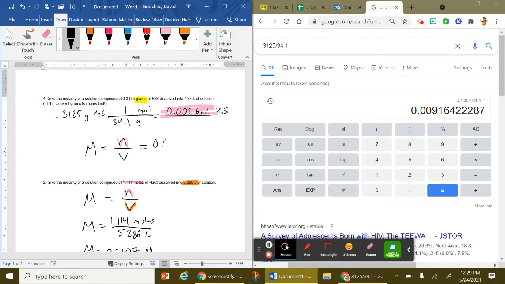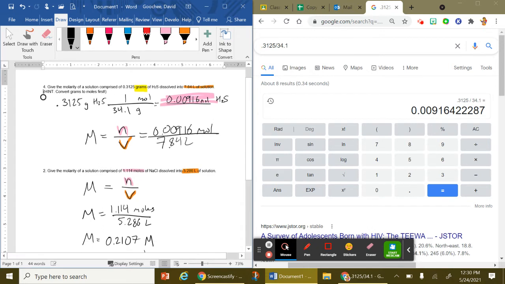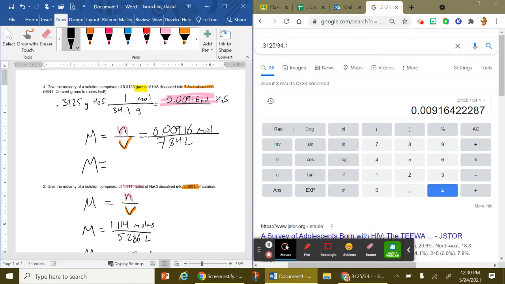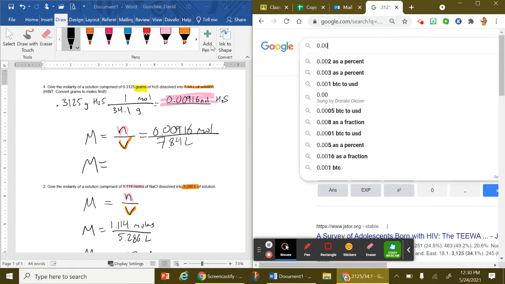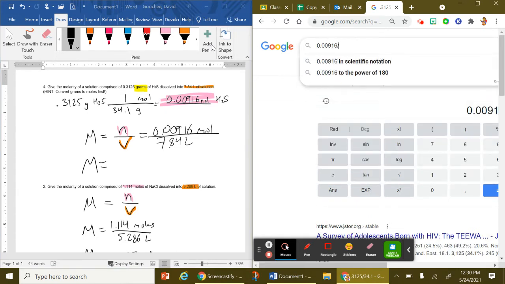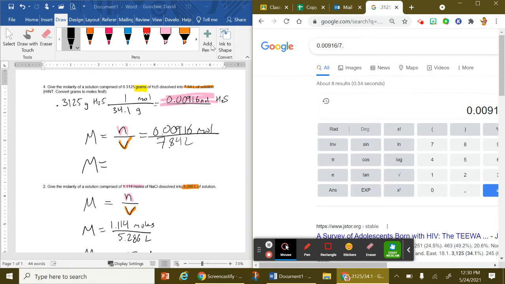So 0.00916 moles divided by 7.84 liters. And that gives me 0.00916 divided by 7.84 liters.